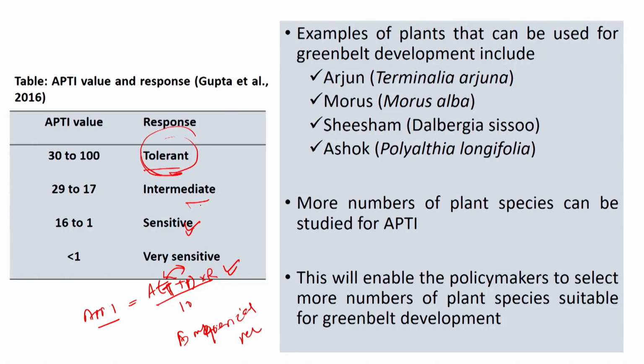Examples of plants that can be used for green development projects are Arjun, Morus, Sissoo, and Ashoka. The botanical names are also given: Arjun is Terminalia arjuna, Morus alba is Morus, Dalbergia sissoo is Sissoo, and then Polyalthia longifolia.